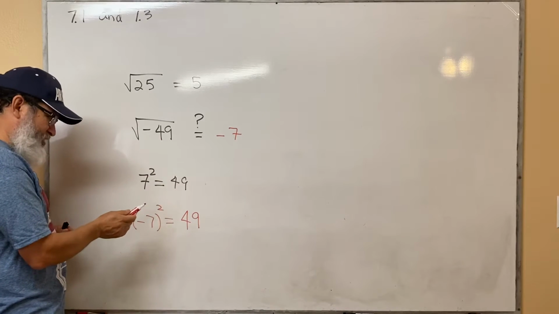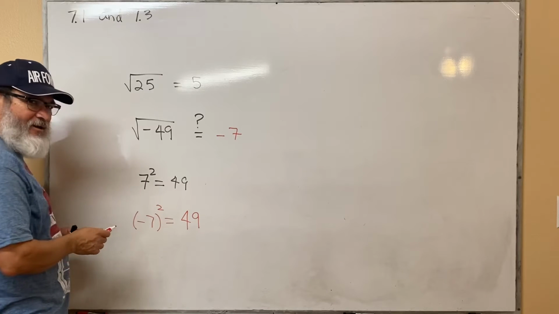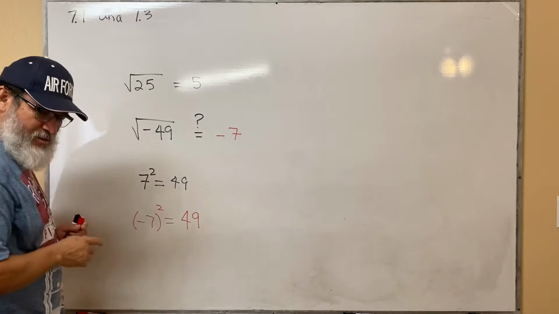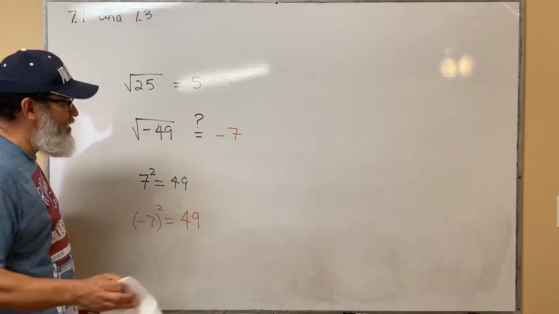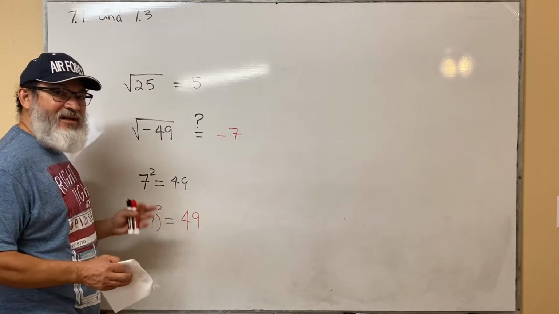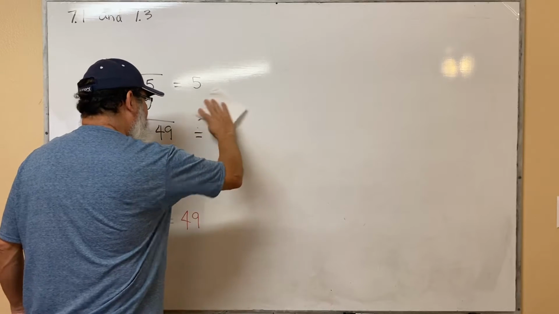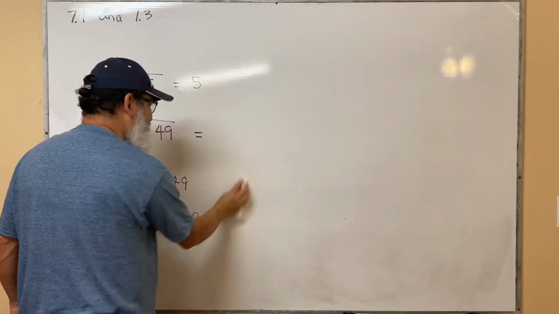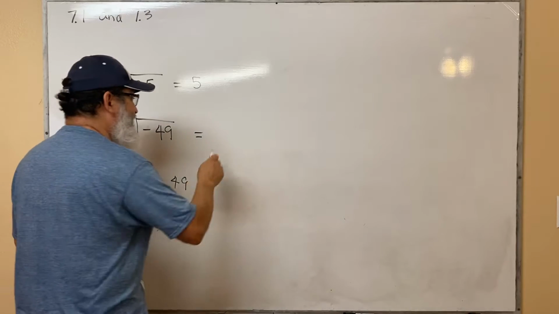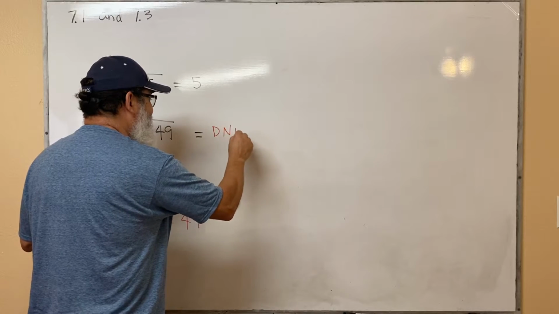So the answer is not 7, and the answer is not negative 7. Okay, wait a minute. So we're going to say the square root of negative 49 does not exist.